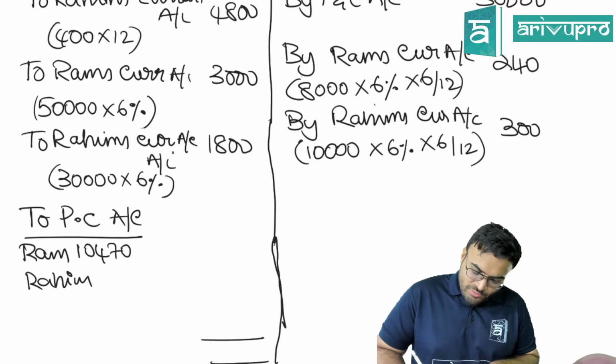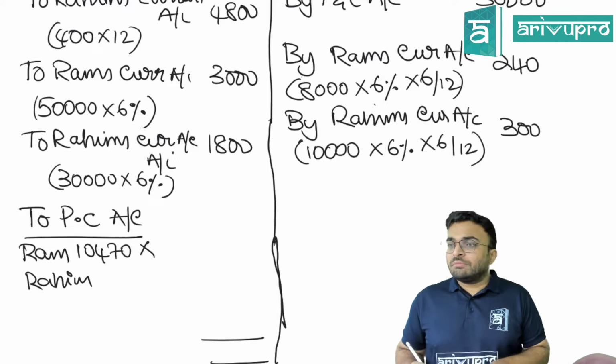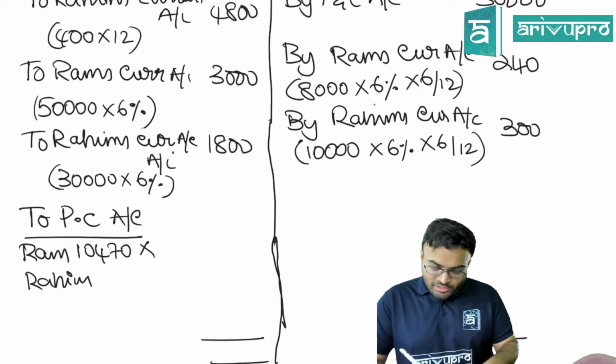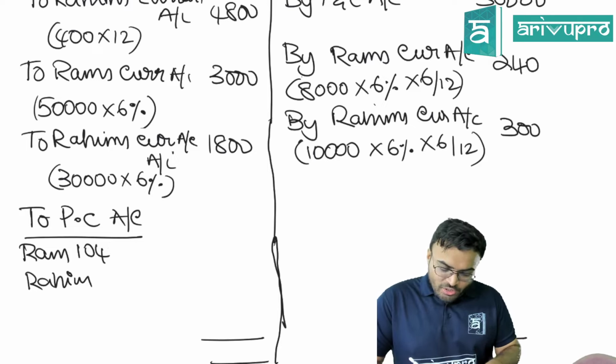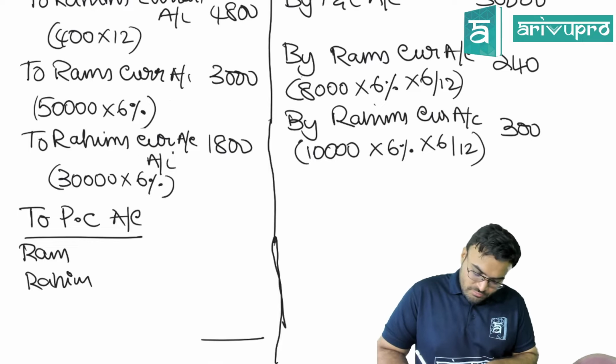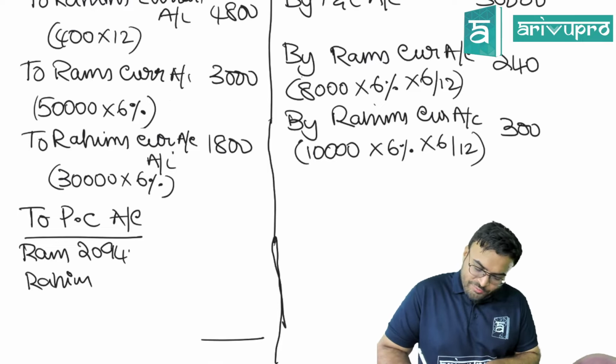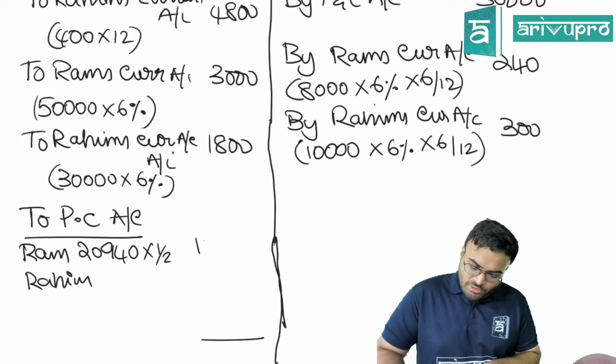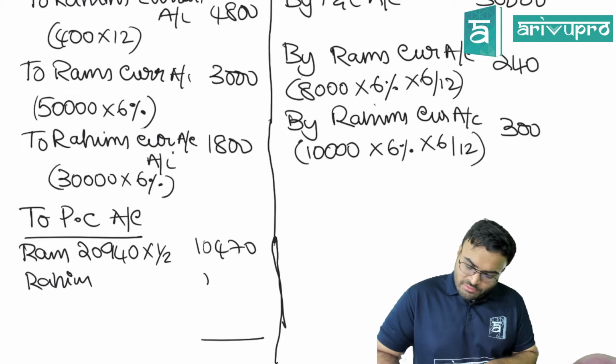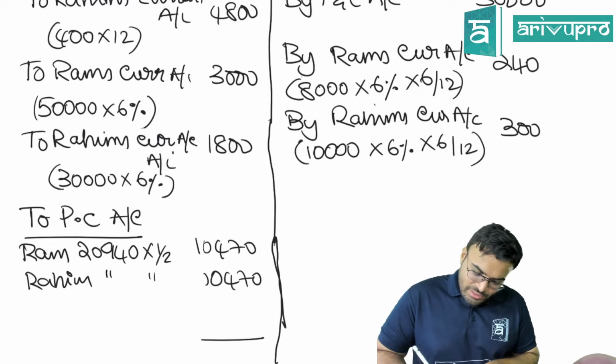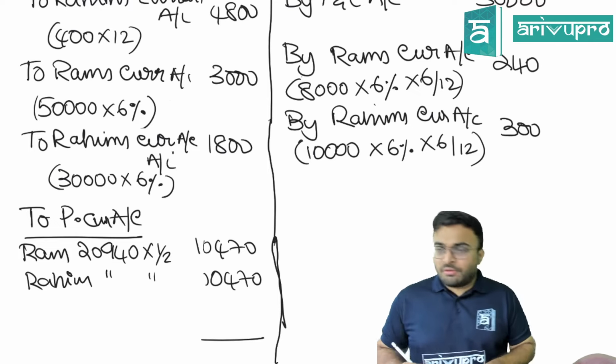10,470 will be distributed in what ratio? Or the distributed amount you are telling? Okay, 20,940 into 1 by 2, 10,470. Again, it is not capital, it is current account.